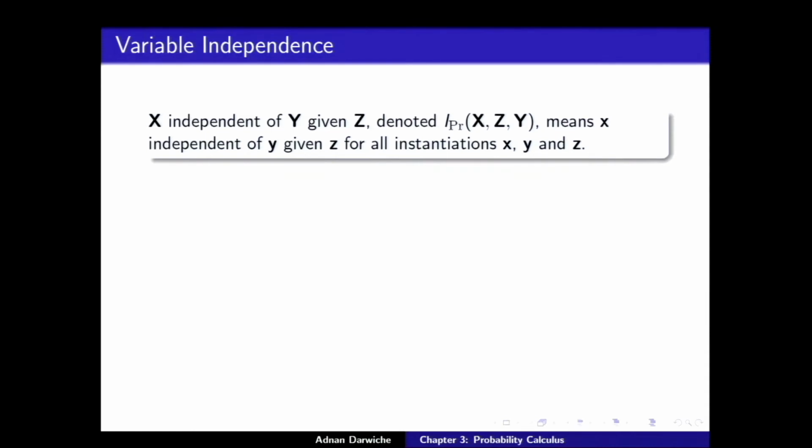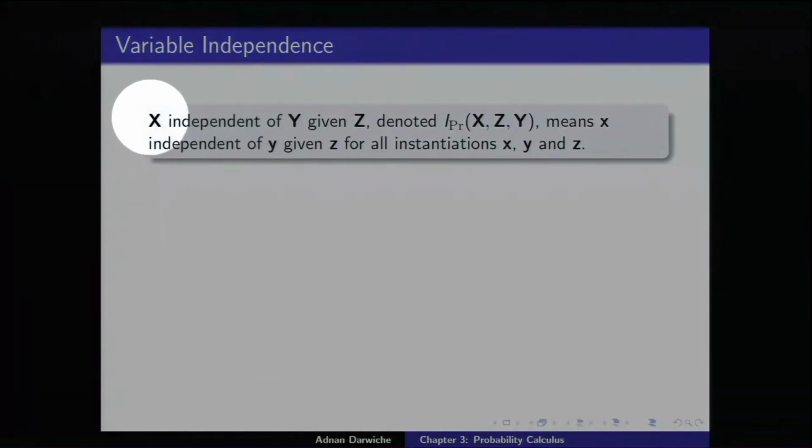It is more common in probabilistic graphical models like Bayesian networks and Markov networks to make statements of the following form. Remember, big X is a single variable. Big bold X is a set of variables. So we're talking about the set of variables X being independent of the variables Y given Z. Now these entities are sets of variables, and you write it like that.